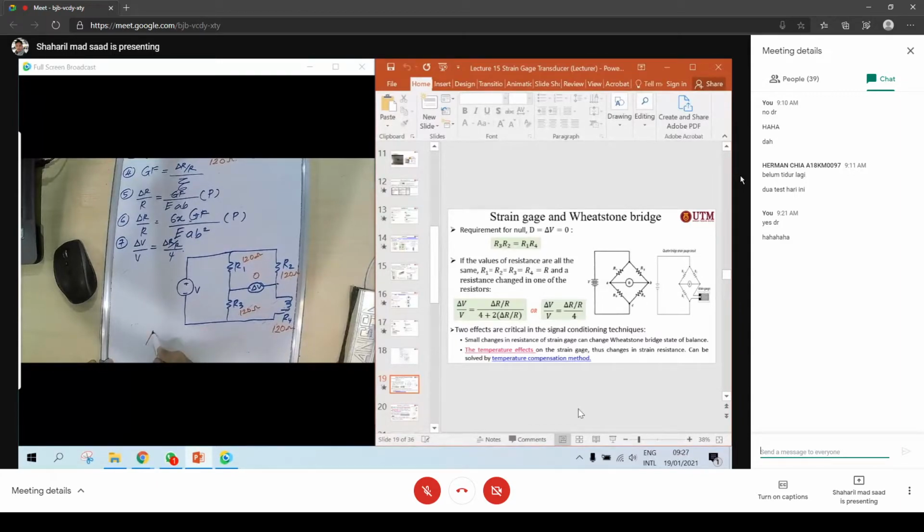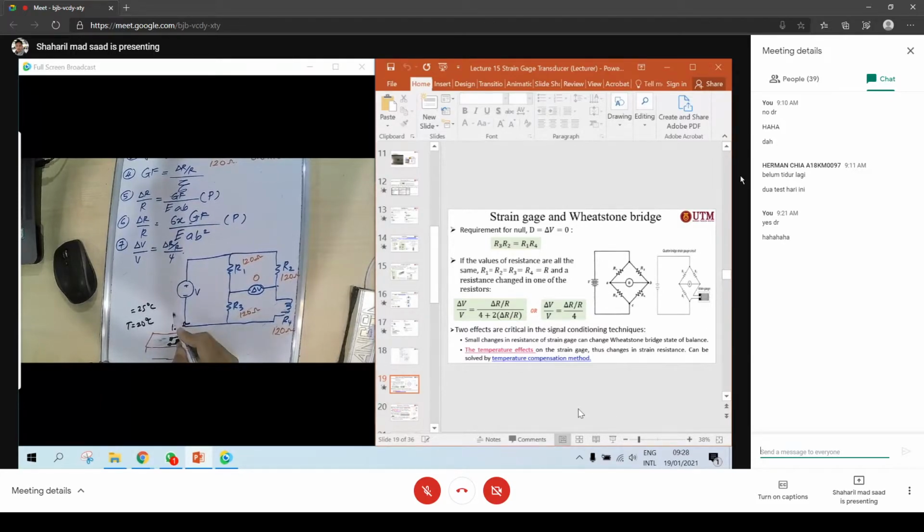So for example, this is your object. Now you apply your strain gauge here. For example, the temperature at that time is 20 degrees, and your strain gauge is 120 ohm. Now, when there is a change in temperature, for example your temperature is 25 degrees, this will also change from 120 ohm.